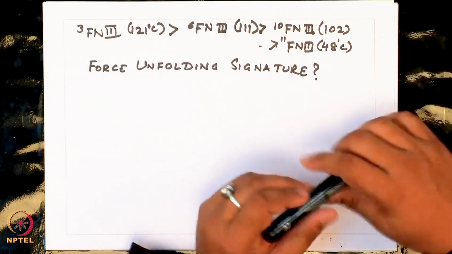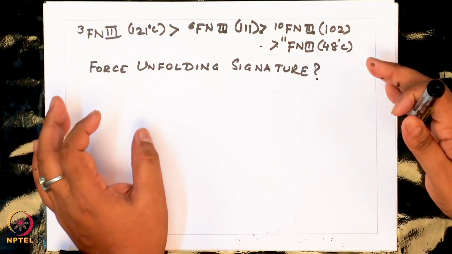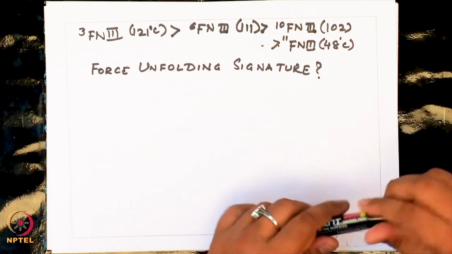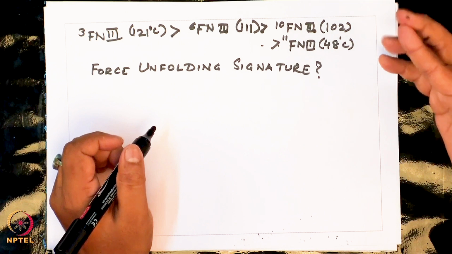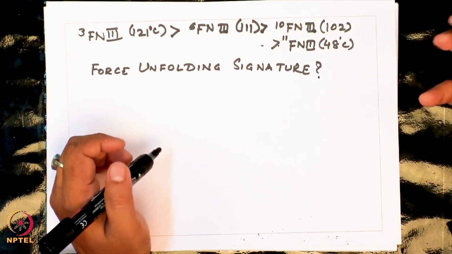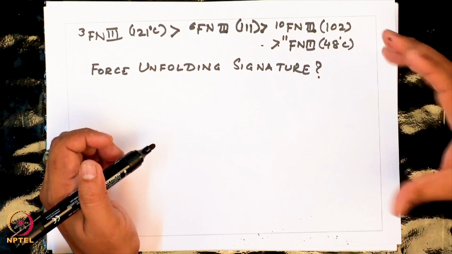So you have a vast range of temperature sensitivity, and the question we wish to ask is, does the folding and unfolding dynamics under forces behave similarly to that under temperature?